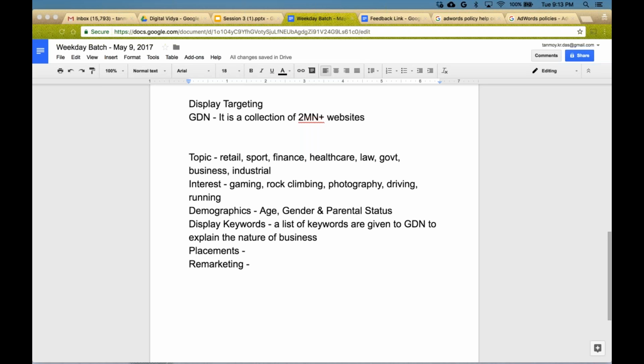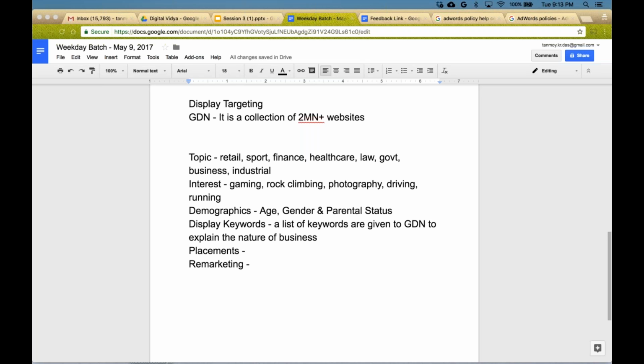In display, we are bidding based on CPM impressions, so we are paying only for showing the ads. That whole concept of CPC bidding, of bidding for each keyword, is only for search. It does not apply here.